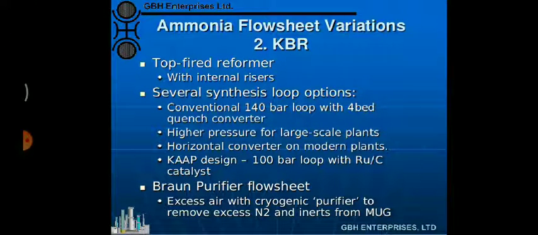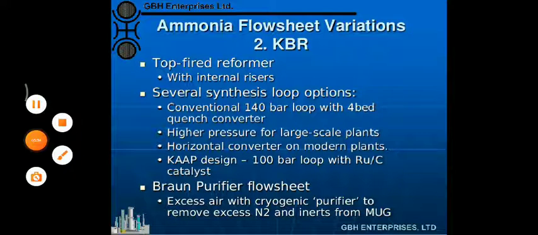So ammonia flow sheet variations, two fire reformer. Here is the reformer, the two fired reformer with internal riser. Second, several synthesis loop options are conventional up to 140 bar and 4 bed converter.